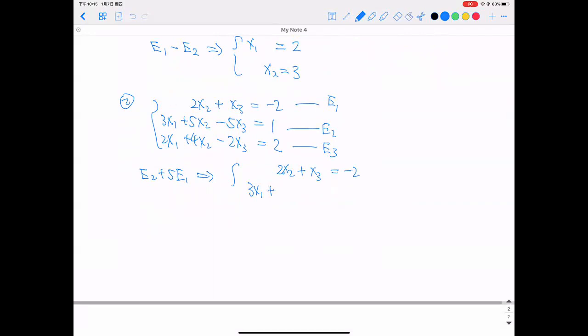Now I get 5 copies of E1 as 10x2, and I have 5x2 here in E2, so that's 15x2. The reason for adding 5E1 to E2 is that 5E1 would have 5 copies of x3, canceling the negative 5x3 in E2. So that makes x3 zero. Now over here, I have E2 plus 5 copies of E1, so that's 1 minus 10, negative 9.